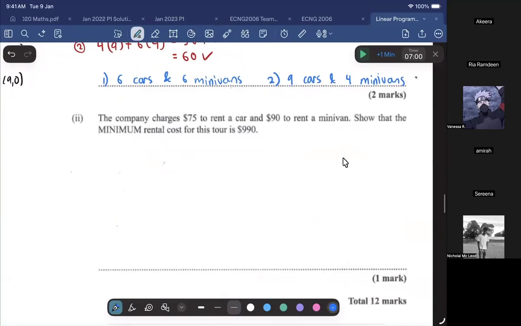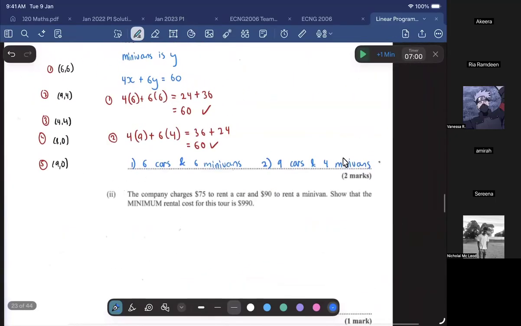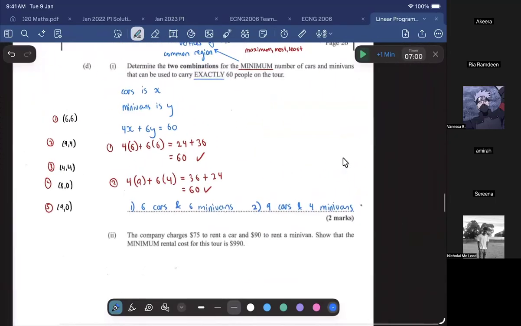All right, read part two for me. Somebody, read part two for me. The company charges $75 to rent a car and $90 to rent a minivan. Show that the minimum rental cost for this store is $990. So in the last question, what did we figure out? In part one, what did we figure out?